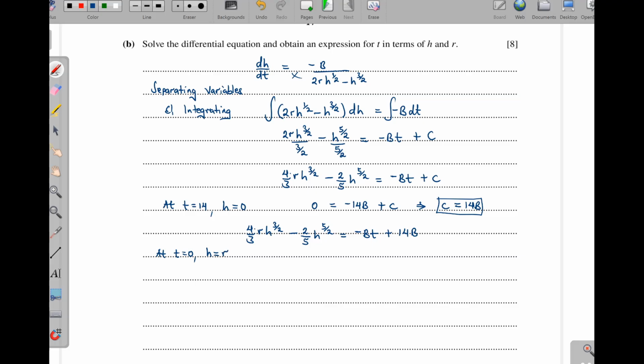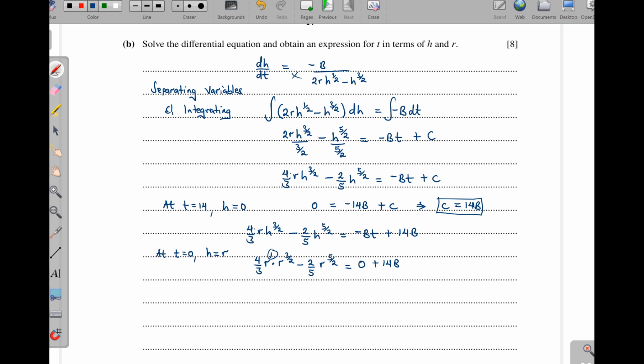Now we can substitute here. We have 4 out of 3, then r times r^(3/2), minus 2 out of 5, then r times r^(3/2), which will be equal to 0, plus 14b.